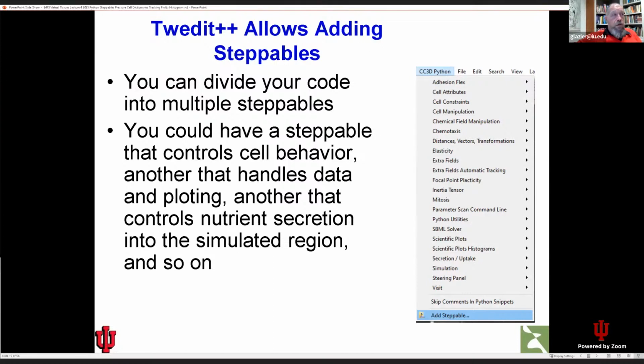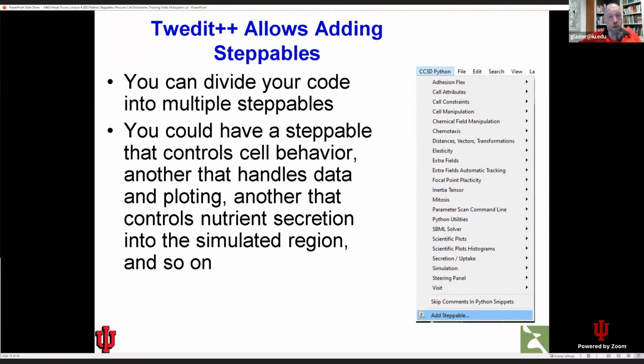As a matter of code design, there are some principles. One of them is that you can modularize your code by using multiple classes, multiple steppables. It's perfectly possible to write a computational simulation where everything gets put into a single steppable. That works just fine.